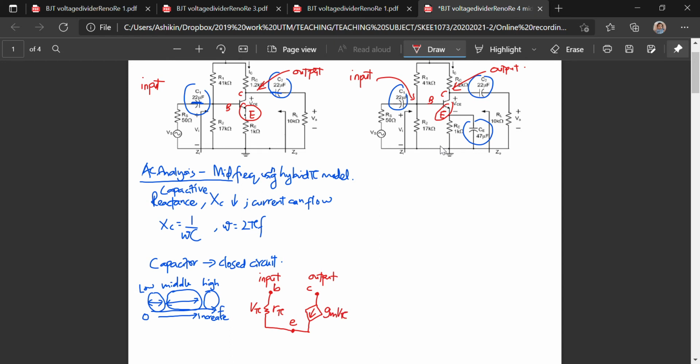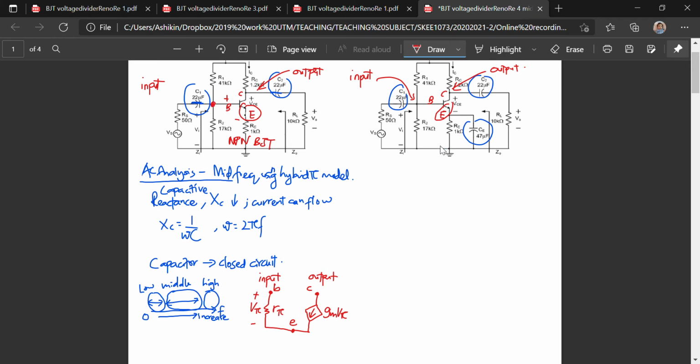Then we need to determine the type of our BJT. Since the arrow is pointing to the emitter, we know that the base is positive and the emitter is negative. So this is an NPN BJT. NPN means the base is positive, so we label V pi as positive at the base and negative at the emitter. Then we complete our circuit at the base.